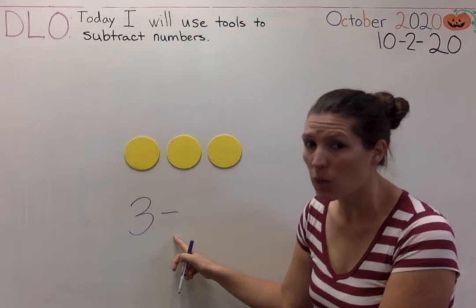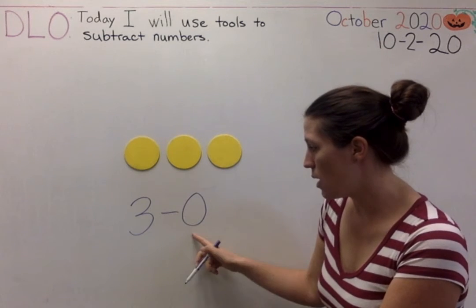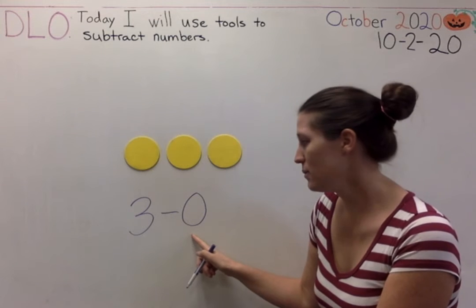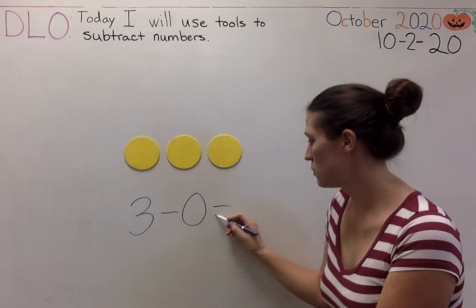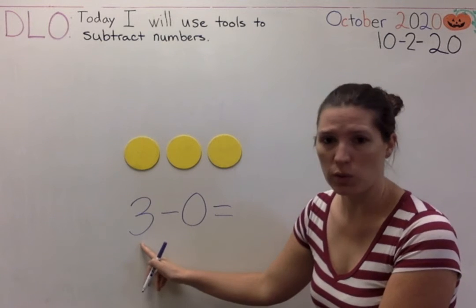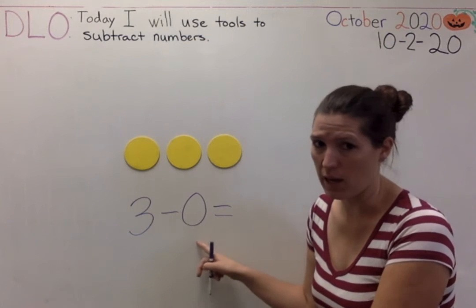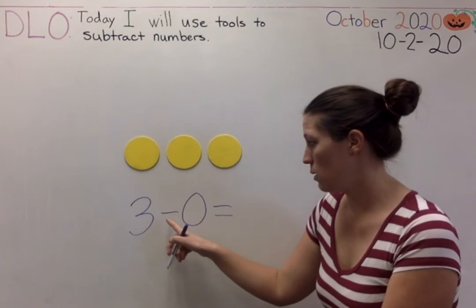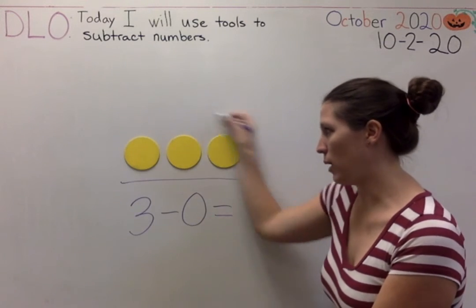If I didn't give any away, that means none. None of them left. How many chips do I have? I started with 3. I kept them all. I didn't give any of them away. Minus nothing, because none of them left, equals how many do we have?